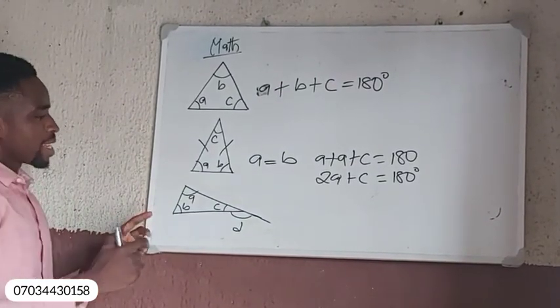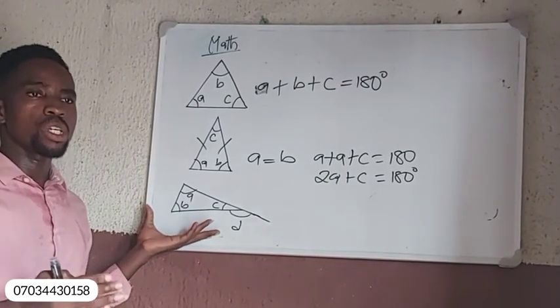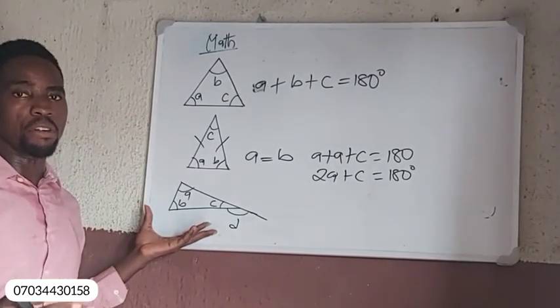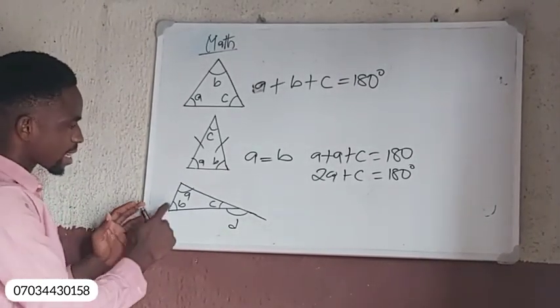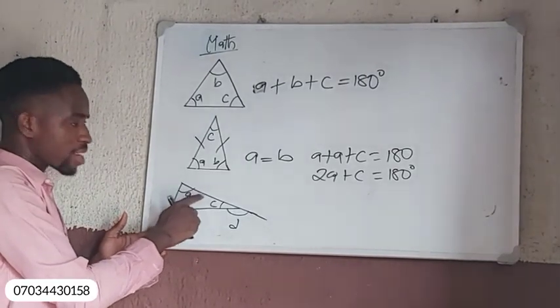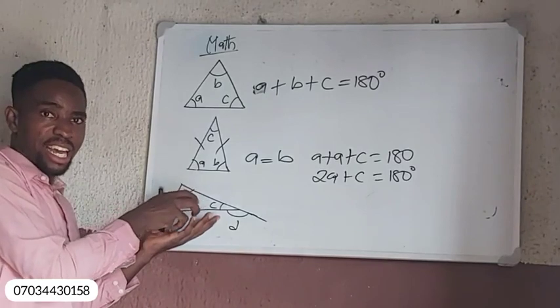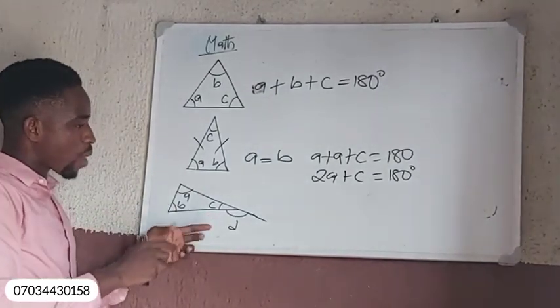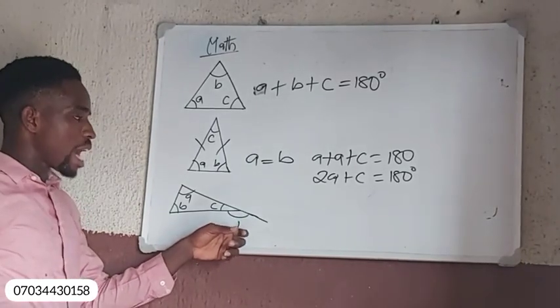And then, lastly, we remember what we call the exterior angle of a triangle. You can see this triangle having angles A, B, and C. These angles A, B, and C are the interior angles because they are located inside the triangle. While angle D is located outside the triangle.